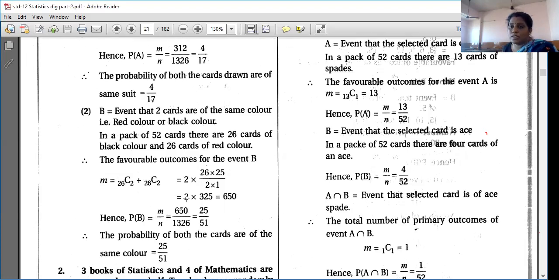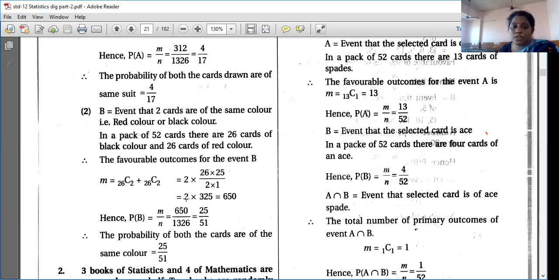Now your next question, the second one is B, event that two cards are of the same color. Now color you have to find. Same color means there are in 52 cards total two colors, that is black and red. So in black color 26 cards are there and in red color also 26 cards are there. Okay, so you have to select two cards of the same color.